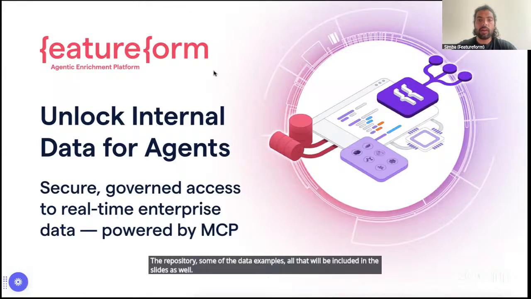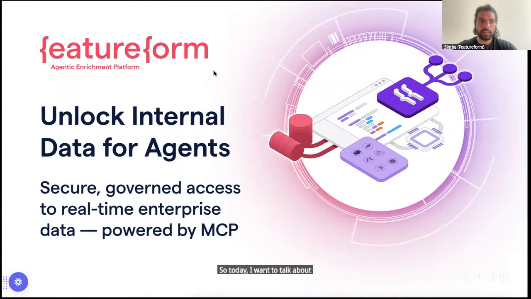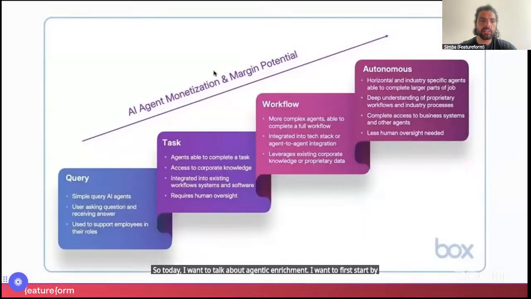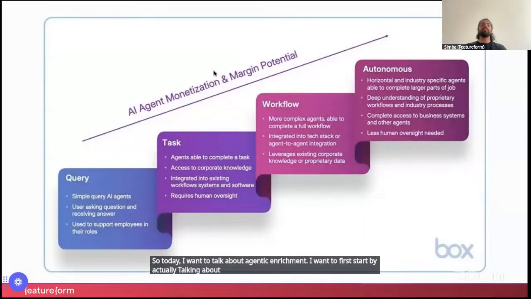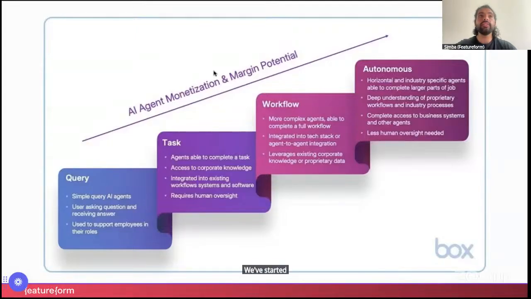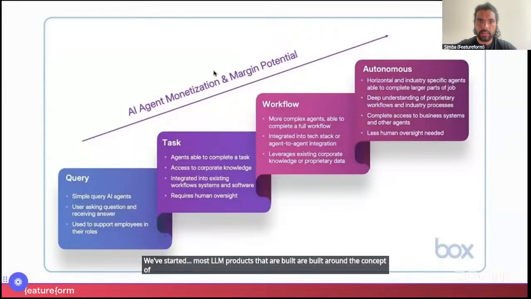So today, I want to talk about agentic enrichment. I want to first start by actually talking about how things are changing and kind of what agents are. Most LLM products started out built around the concept of a query.